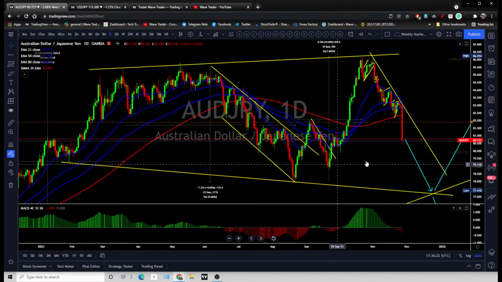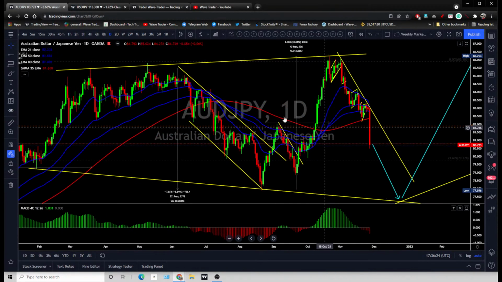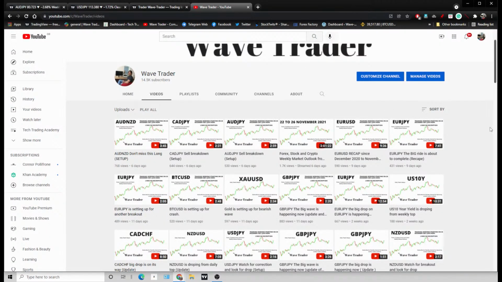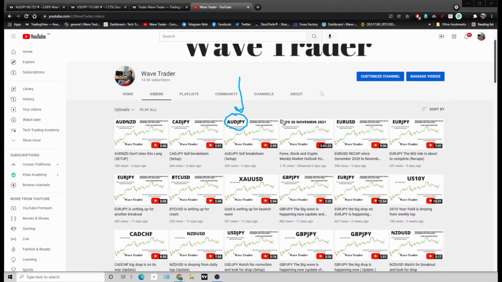A close below, or already. Okay, so the setup was there. So there we had that opportunity on Aussie Yen. Let me try to bring that chart if I have posted. Okay, so I think I have already shared that chart on Telegram.